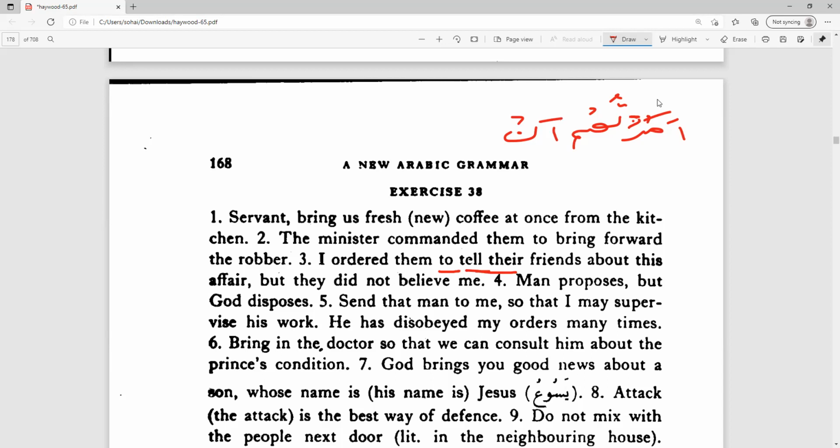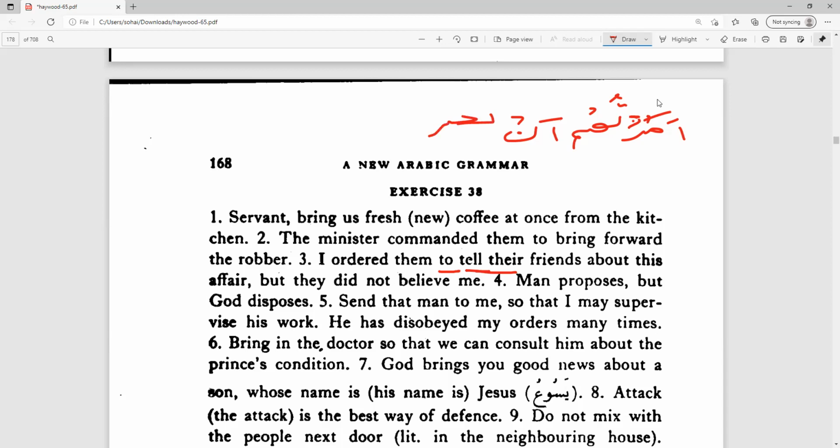Akhbara is the verb you can use. Qala means just to say. Normally we probably use akhbara yukhbiru. So I would say amartuhum an yukhbira.